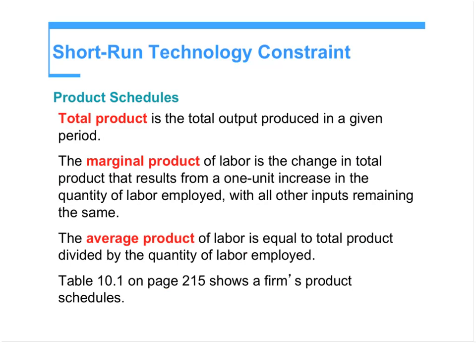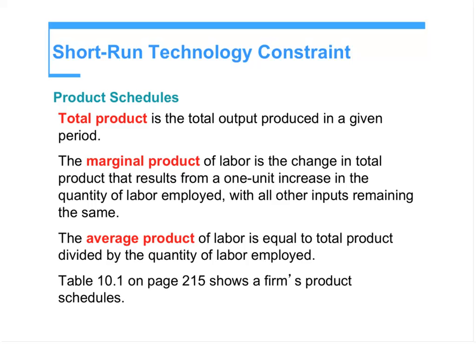The marginal product of labor is the change in total product that results from a one unit increase in the quantity of labor employed, with all other inputs remaining the same. So the marginal product is a different concept. When you bring in new labor, the increase of one unit in your labor, the amount of change in the total product that you get is called your marginal product.